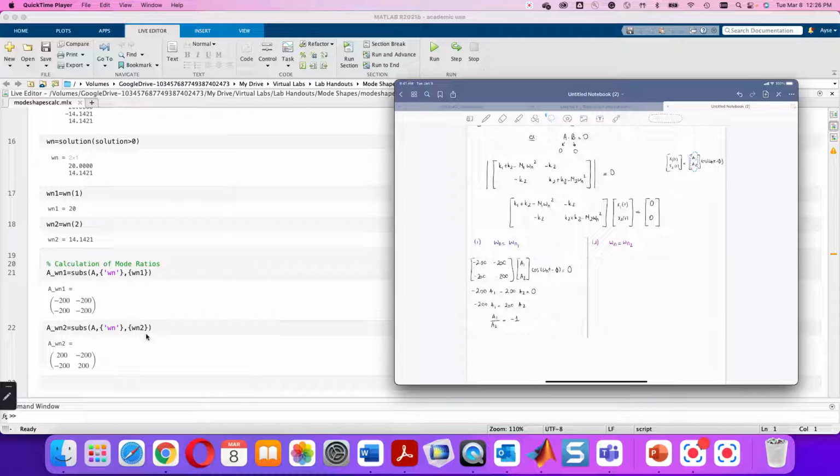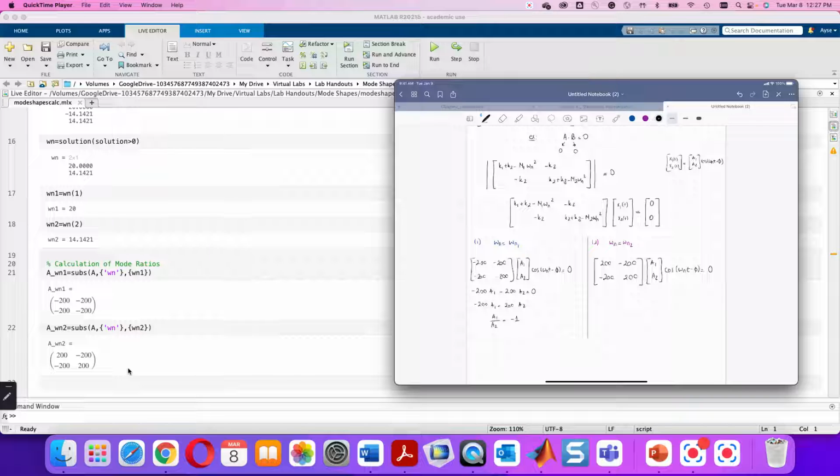Similarly, if you plug in omega n2, wherever you see omega n in this matrix, you will get the second form. You have 200, negative 200, negative 200, and positive 200, multiplied by a1 and a2, the displacements of the carts, multiplied by the cosine function, and this should also be equal to 0.